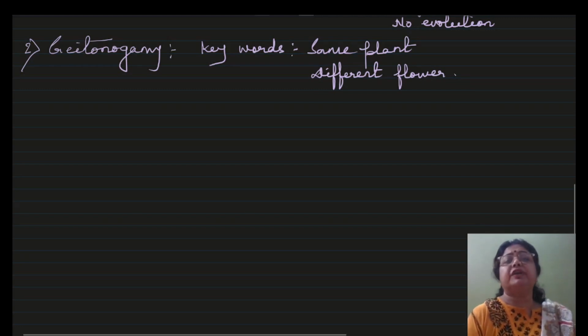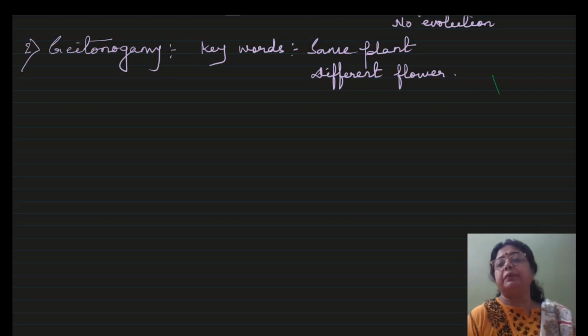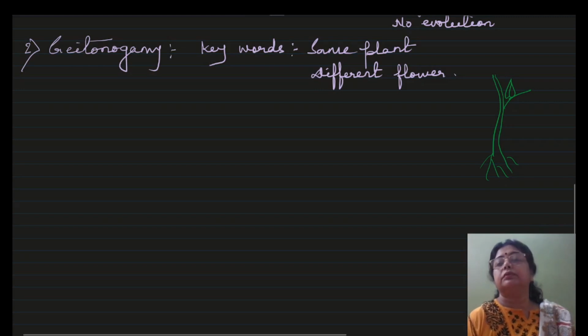Physically it is cross pollination, because if I draw a plant, suppose this is a plant, I always draw freehand so that you can also draw very freely here. Do not worry about the diagram. So suppose there is one flower, and suppose there is another flower like this.